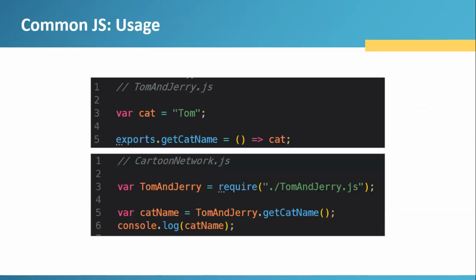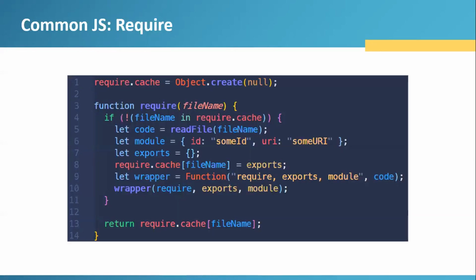We all must be familiar with this syntax of require and exports. But the key thing to note here is this require. So how does this require function work, right? I'll be revealing that in this slide.